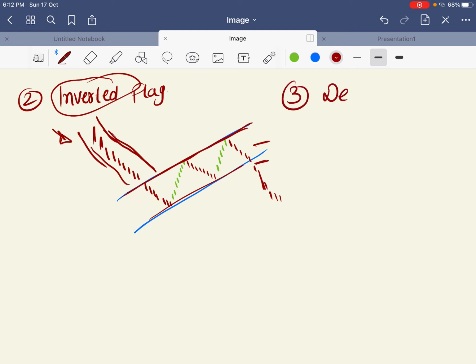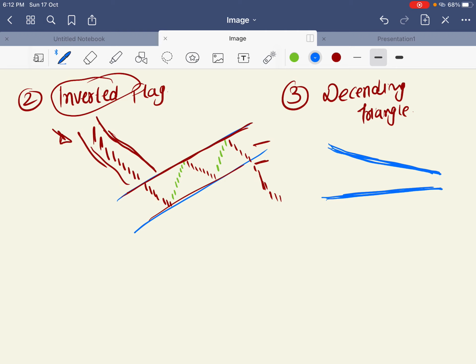Third is our descending triangle. As the name suggests, in descending triangle it is formed like this: one line generally looks like a very straight horizontal line, but the other line is a trend line which is wider at this side and narrow at this point.